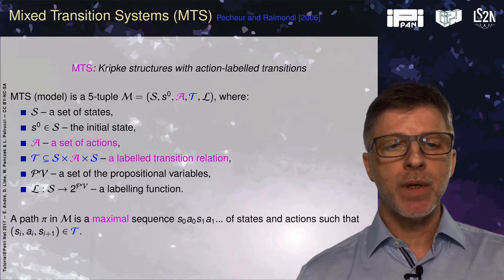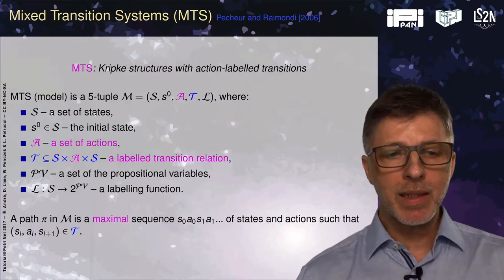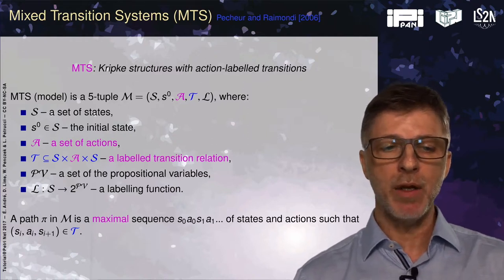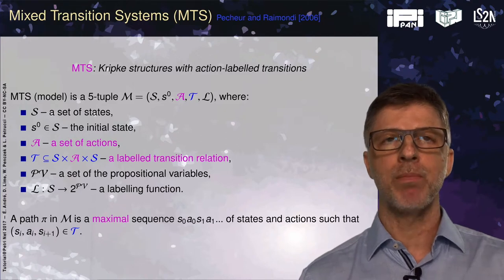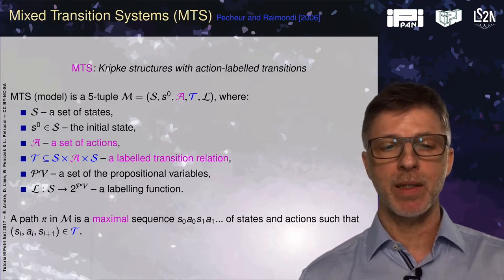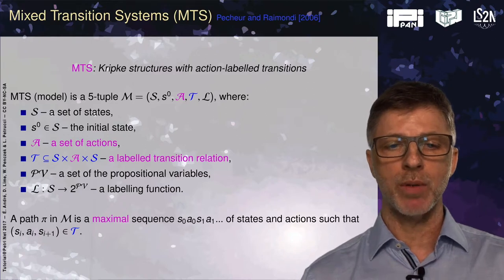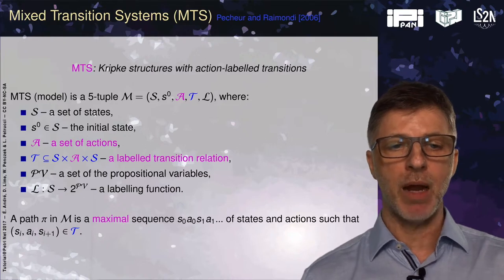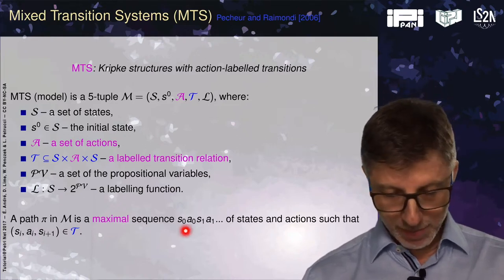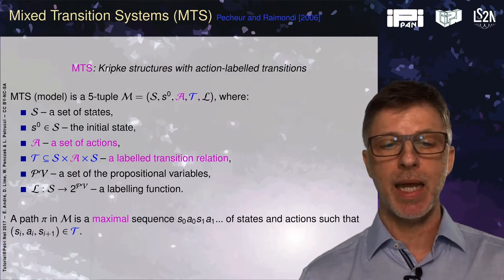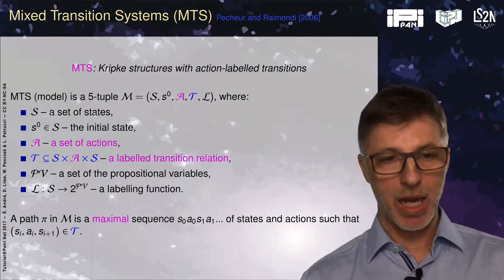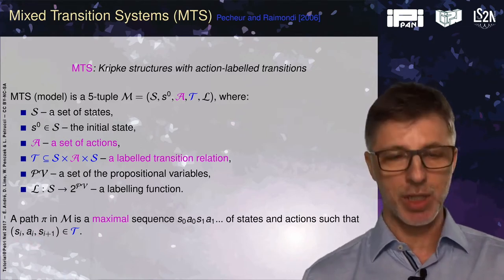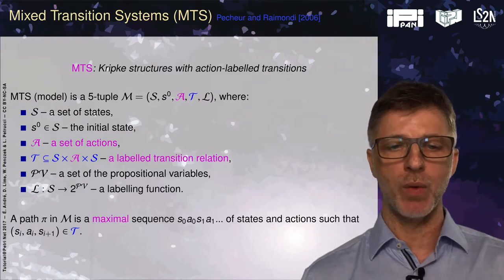And a bit differently than in the standard case, we are not going to look at infinite paths, rather at maximal paths, in order to give semantics to the logic I'm going to define in a while. So a path P in our model M is a maximal sequence of states and actions such that for each two consecutive states, the action which is in between takes from one to another.